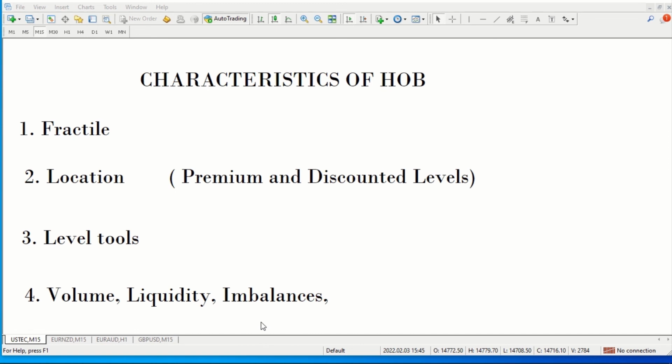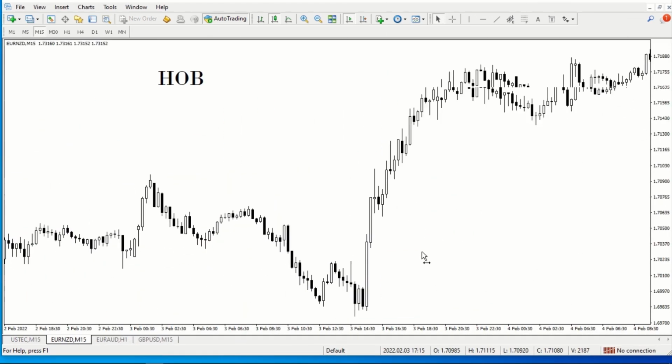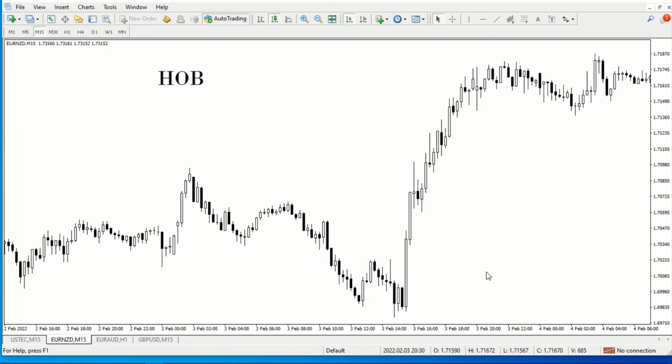There is a high probability that you will get disappointed in the market, especially with order blocks located at the minor levels. They don't have high volume, high liquidity, high imbalances, and market structure. Order blocks located at the high level have volume and market structure.